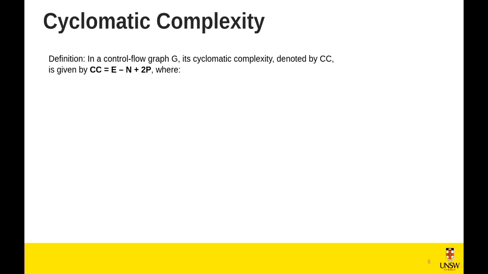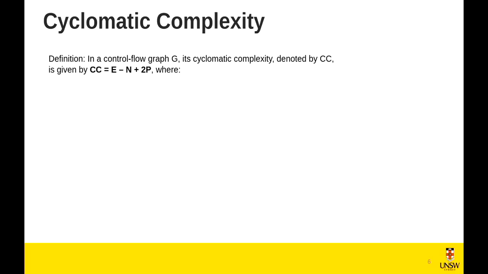A strongly connected graph means we can reach every node from every other node. In a control flow graph, that would mean there's an edge from the exit to the start, but that is not the practical case for most control flow graphs. So let's just consider the normal ones we have encountered before.